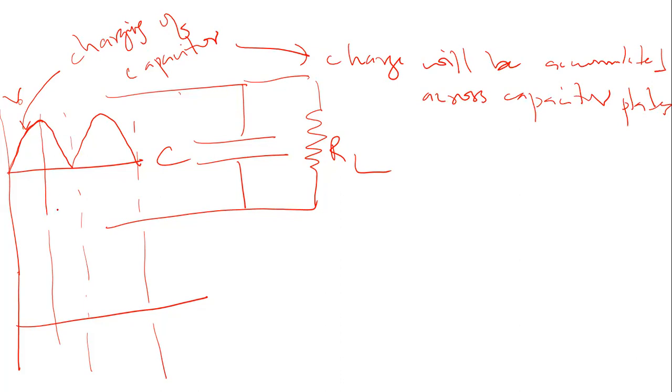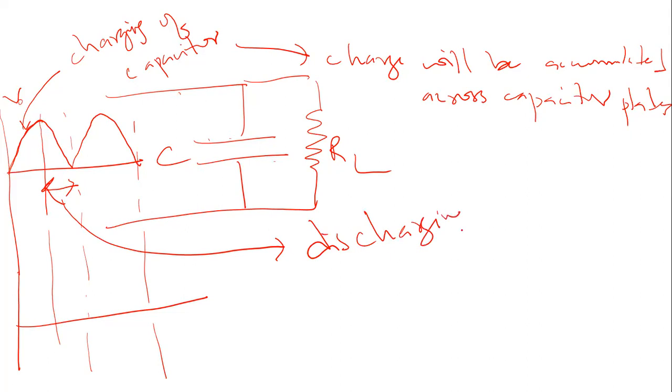Now, between this interval, the voltage appearing across the capacitor is falling down, it decreases. When the voltage supplied to this capacitor decreases, whatever charge was accumulated in the capacitor will be discharged. So in this interval, discharging of the capacitor takes place.